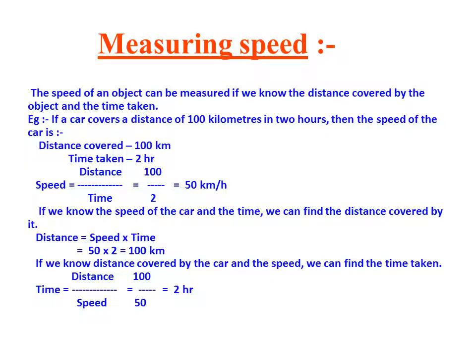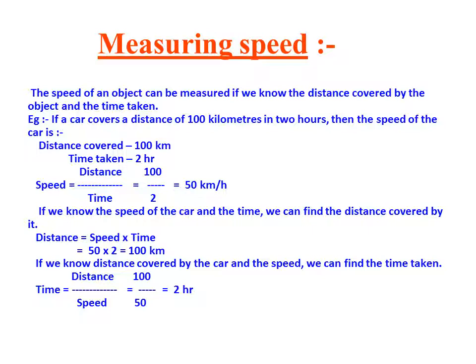Now let's have a calculation in measuring speed. As we know, the speed of an object can be measured if we know the distance covered by the object and the time taken. If speed and distance are given, we can find out time, and if time and distance are given, we can find out speed.